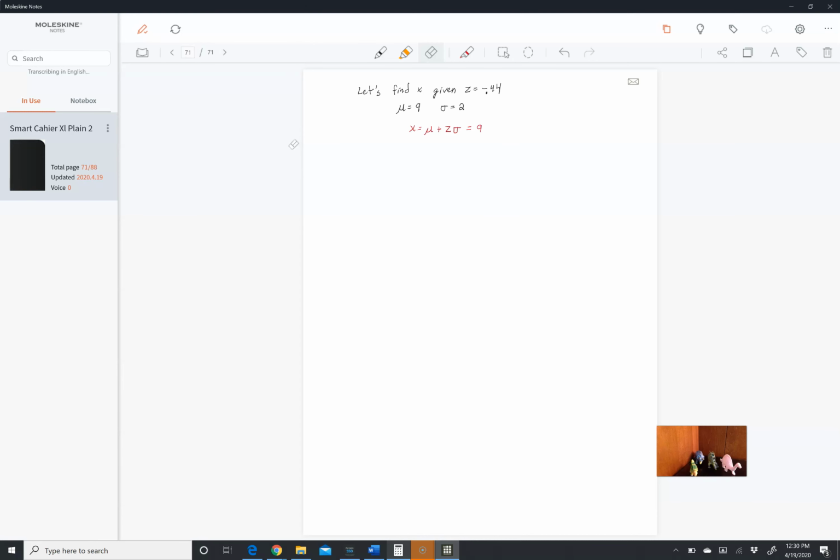So we have 9 plus negative 0.44, I put it in parentheses because I don't want to confuse that negative with a minus sign, times 2.